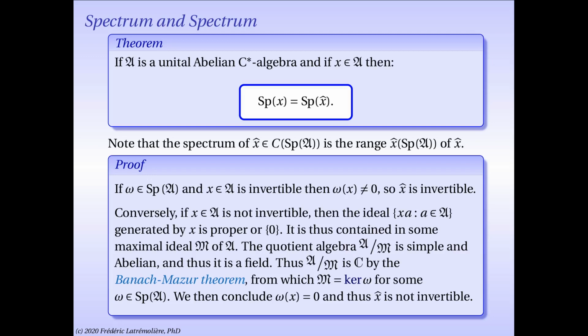It's Abelian because the algebra is Abelian. It's simple because if I had a proper ideal in that quotient, then you can pull it back through the canonical surjection to an ideal in the C-star algebra that would strictly contain the maximal ideal m that we chose. That would be a contradiction.